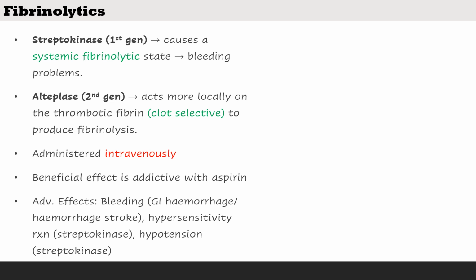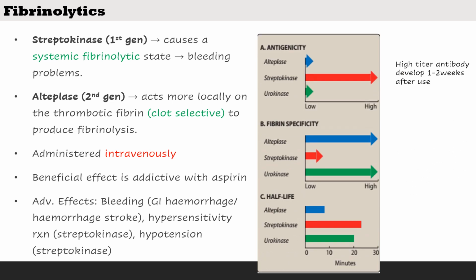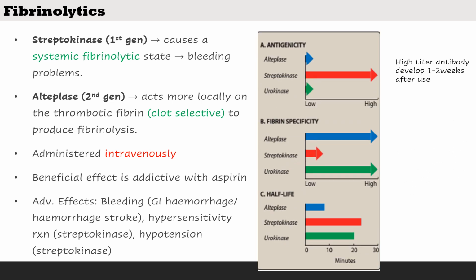Again, for adverse effects, there is still the risk of bleeding, like GI hemorrhage or hemorrhagic stroke, the possibility of hypersensitivity, especially with streptokinase, and hypotension. This diagram shows some differences between streptokinase and alteplase in terms of antigenicity.